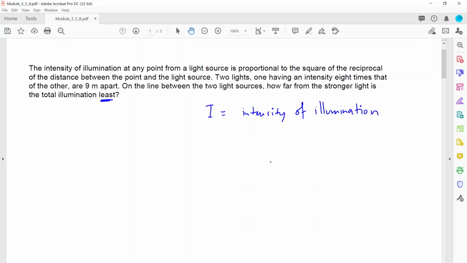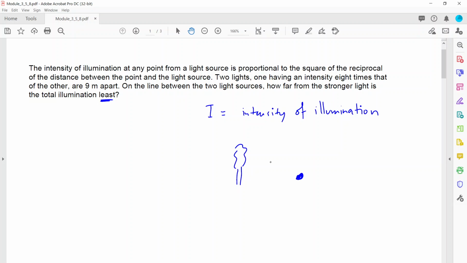To understand the first line, let's say there is a light source and you want to find the intensity of illumination of this light at some point.